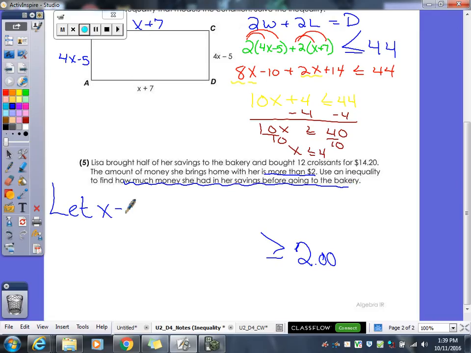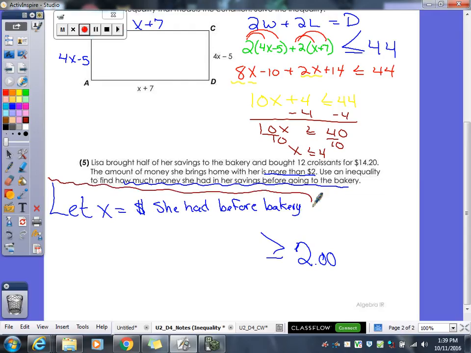So let x equal money she had before bakery. I'm just abbreviating it, not using all the words just because it's a long one. I'm going to box it in here. Let x equal money she had before she went to the bakery. All right.